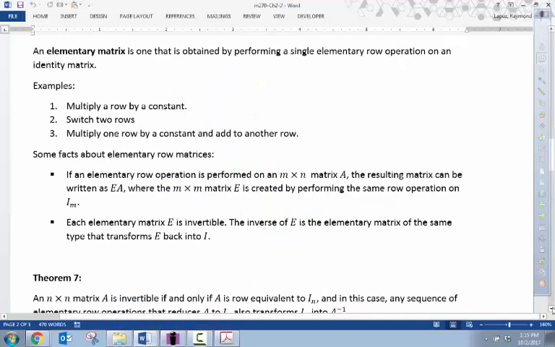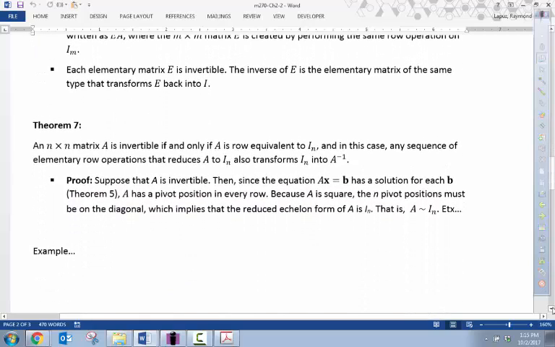Let me just mention this theorem. This is from 2.2.